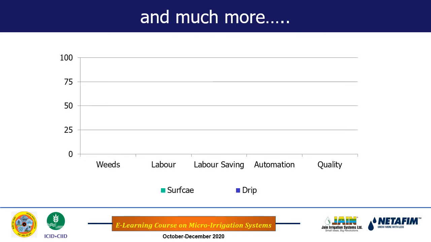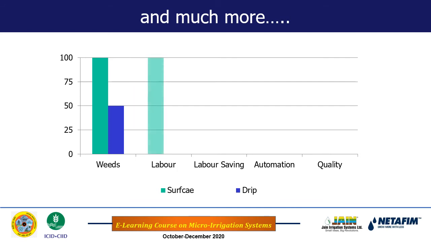Then again, regarding weeds, labor saving, automation, and quality, all these quantitative estimates are based on averages, of course. If the weed infestation in surface irrigation is 100, then in drip it is only 50. Labor requirement, if in surface irrigation it is 100, then in drip irrigation it is 50. So labor saving is 50%.